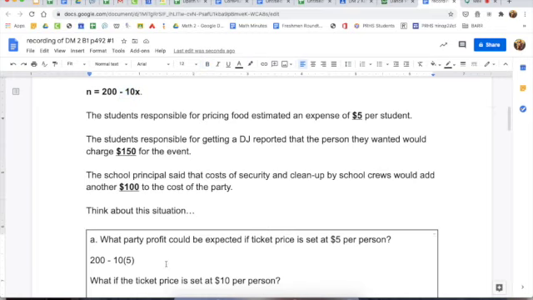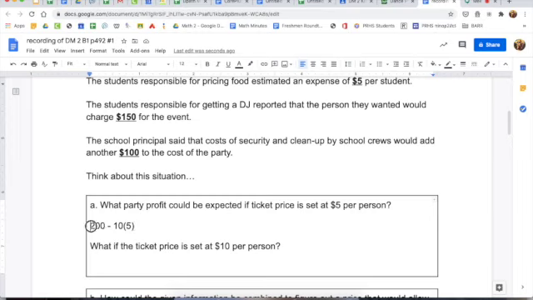So the number of people would be 200 minus 10 times 5, because if the ticket price is $5, then we're going to lose 10 times 5 people who are willing to buy the tickets. And so this comes out to be 200 minus 50, which of course is just 150.